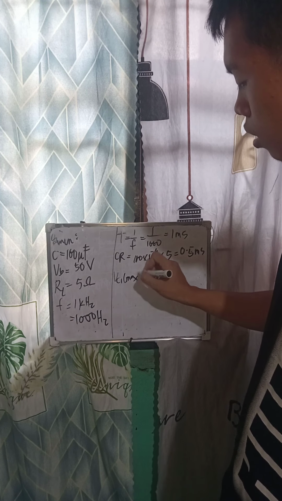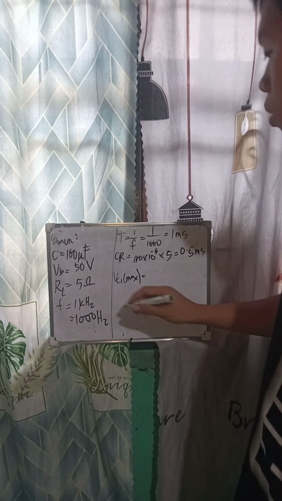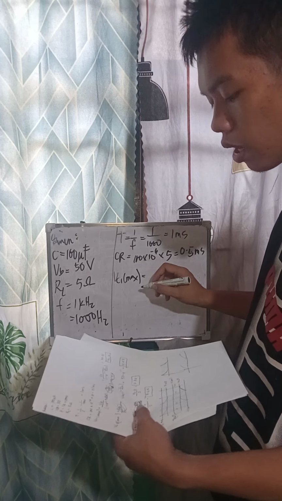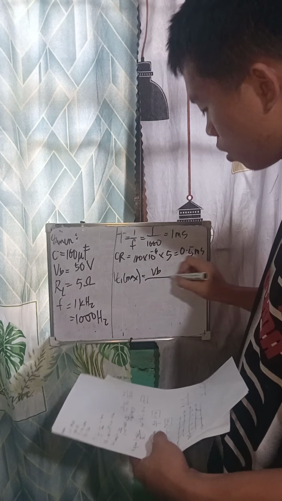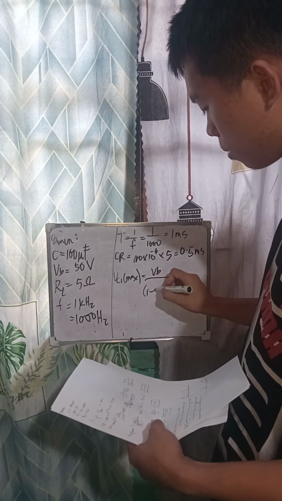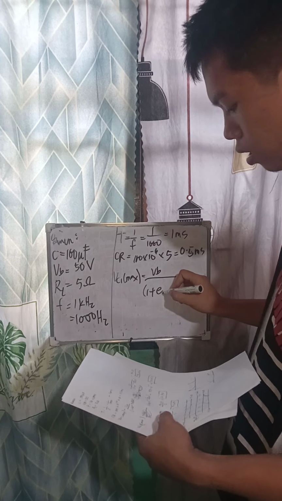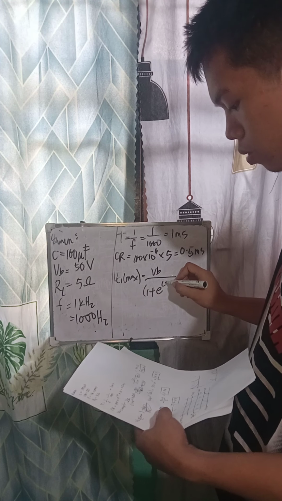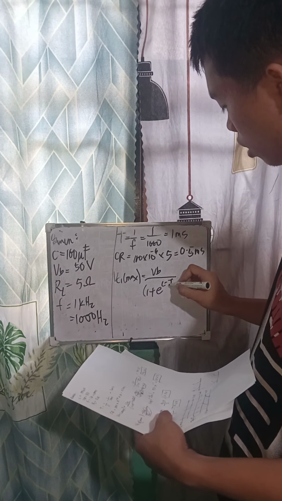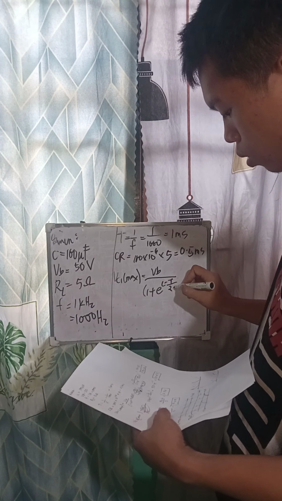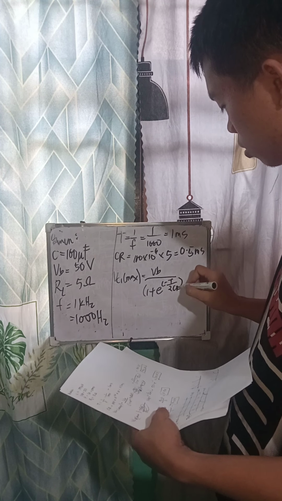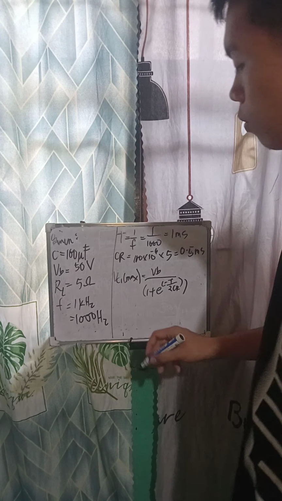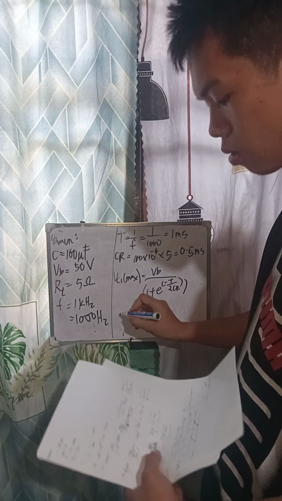And then after finding the T and CR, we have to find the maximum with respect to voltage. The formula is VB over 1 plus e raised to negative T over 2 times CR. So this is the formula for finding the maximum value of the voltage.